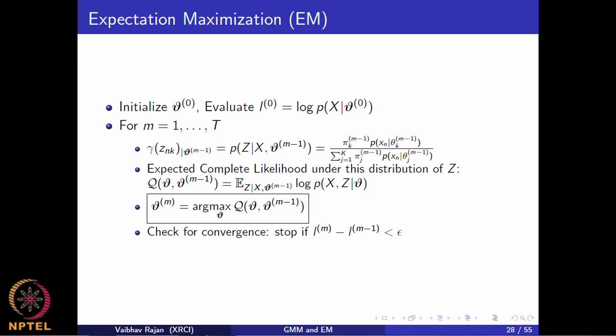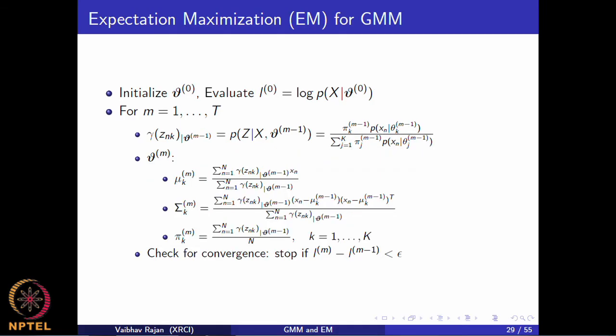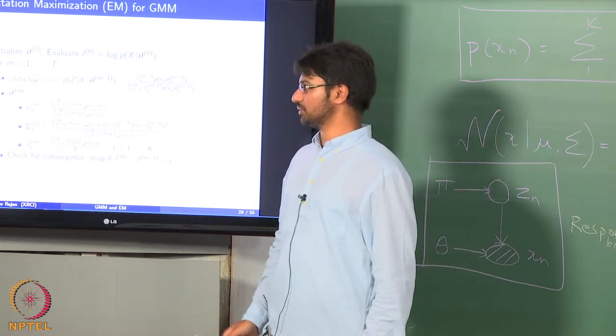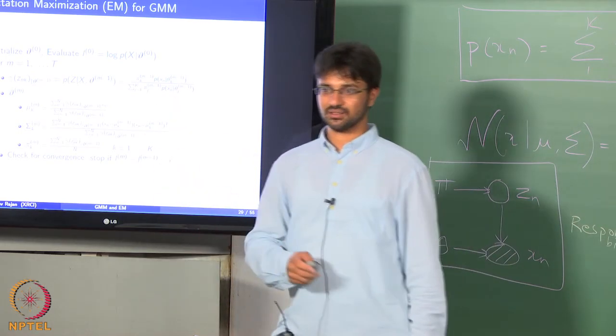So the posterior distribution of z just gives us the responsibilities, and then this derivation we have seen gives us the next set of guesses, right, and iteratively we can check for convergence. When the likelihood does not change much, we stop, and that is the EM algorithm for GMM. I have still not told you why this works, but we will see the theoretical properties of why this works well.